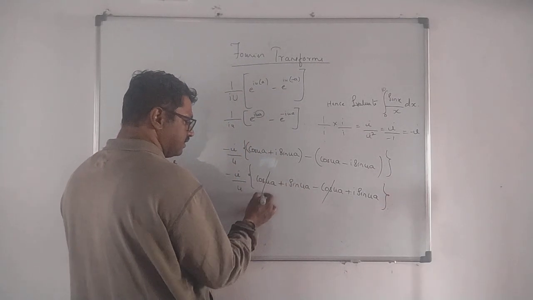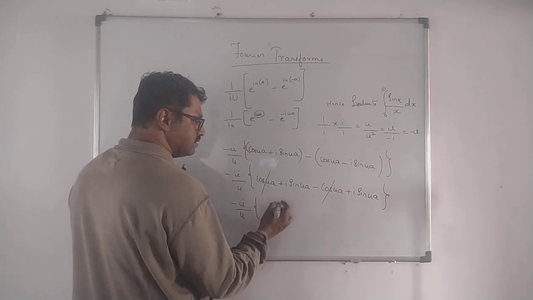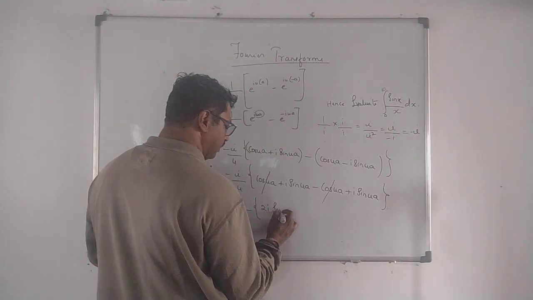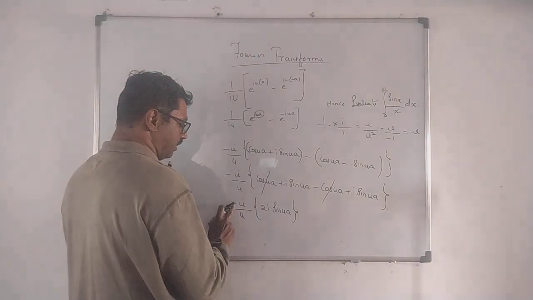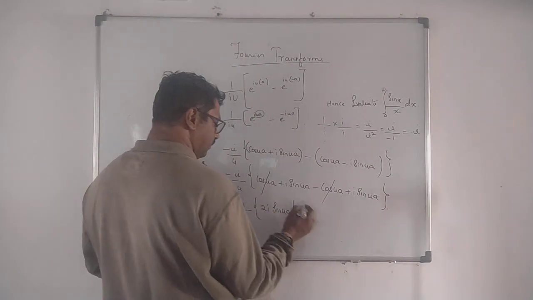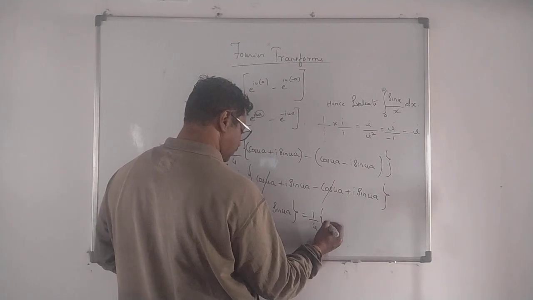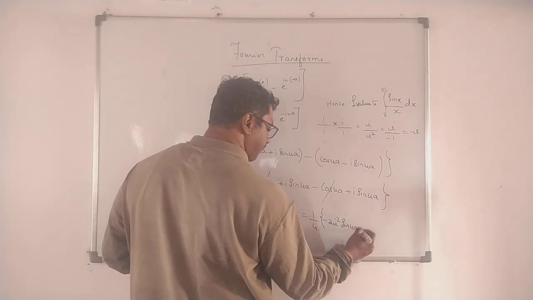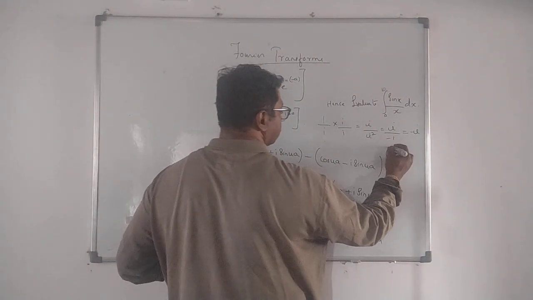So we can see this minus i by u. This is i plus i is 2i sin ua. So cancel this. Now again i into i will be i square. So let us consider this, 1 by u, minus 2i square sin u. 1 by u, as you know, i square value is what?